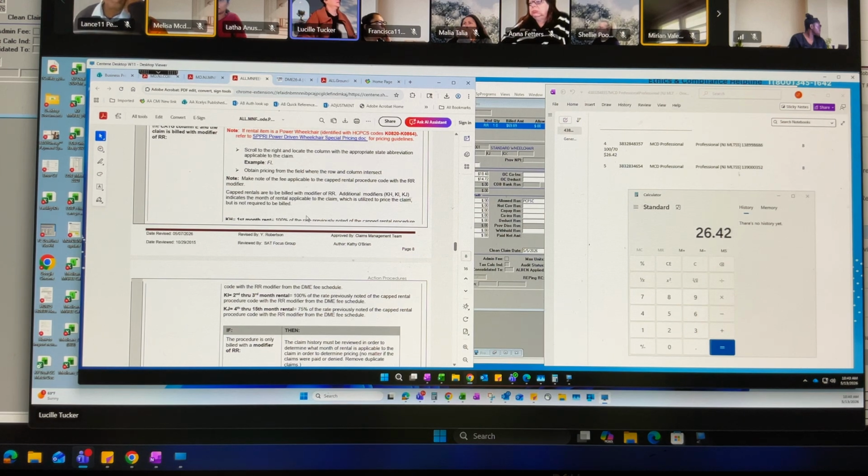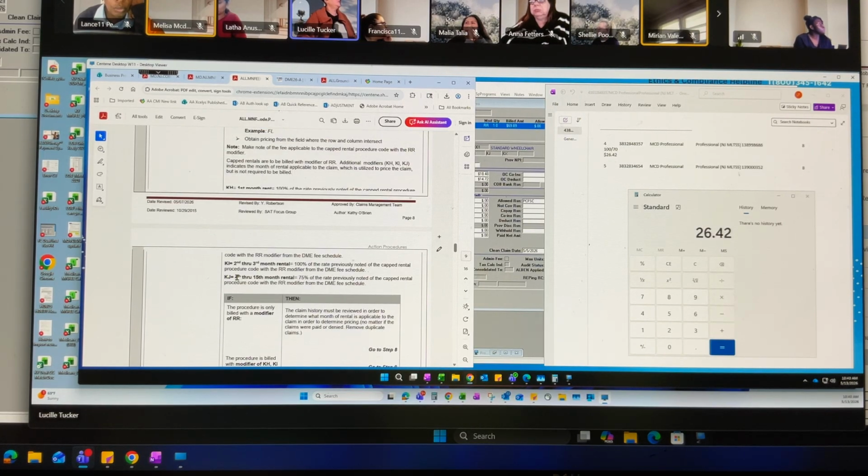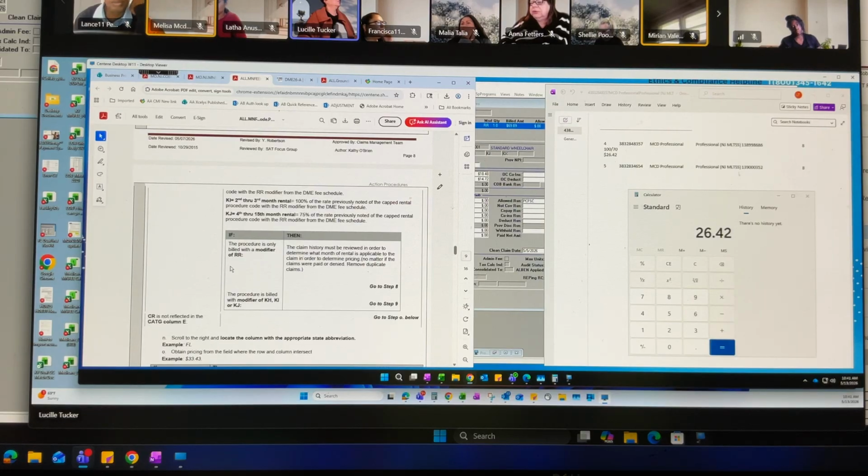KI is the second and third month of rental, we still pay at 100%. KJ is the 4th through 15th month of rental, and we are going to pay at 75% of the previous rate noted in the cap rental procedure code, okay? So, reminder, they do not have to bill with these modifiers. If they don't, we have to do a claim history display. Okay? That's not us, so now we're going to go down here to step 9.